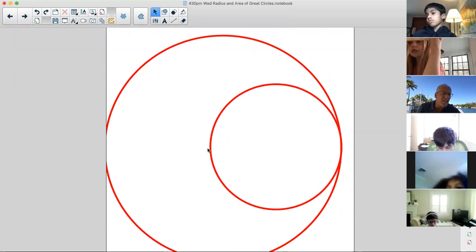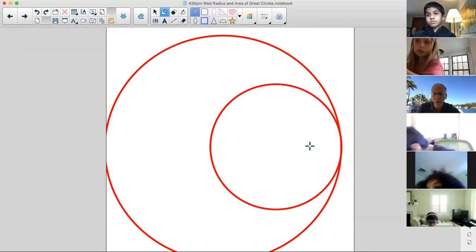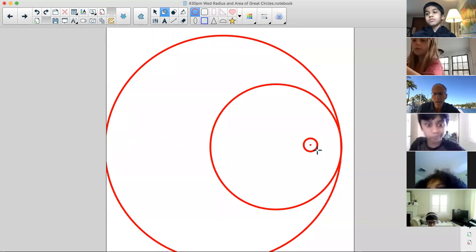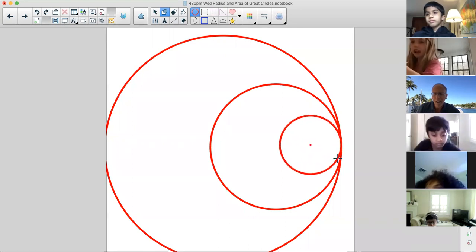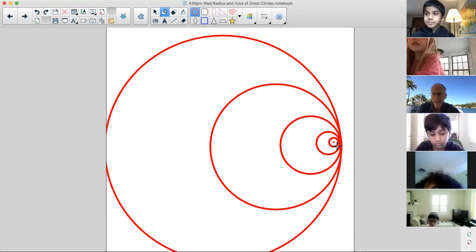What if my new diameter was the same as my old radius? Then could I keep going? Yep. You can keep going on forever. You would just have to make smaller circles.